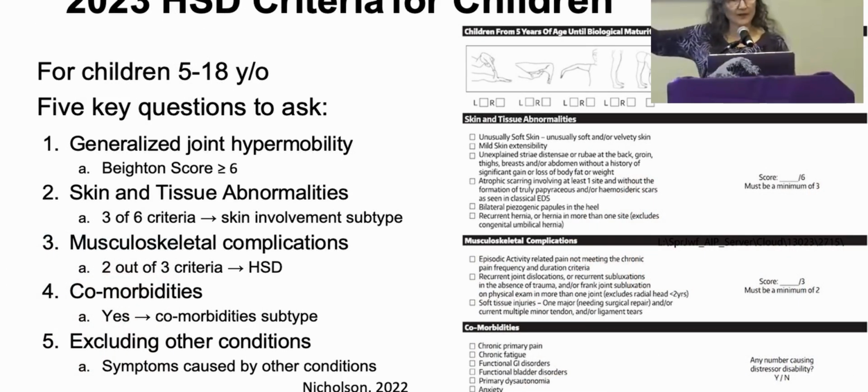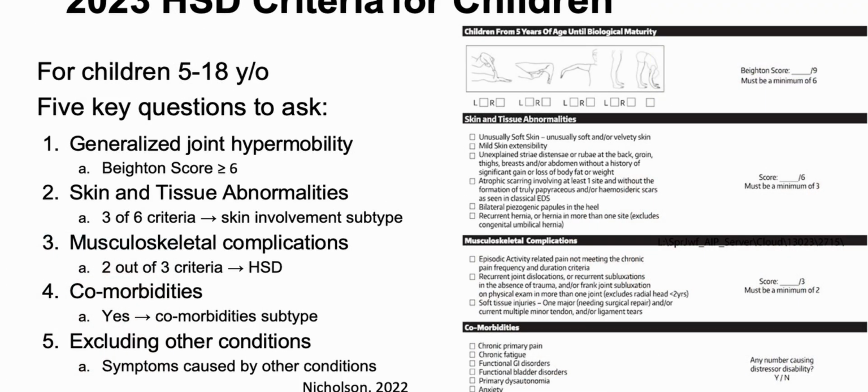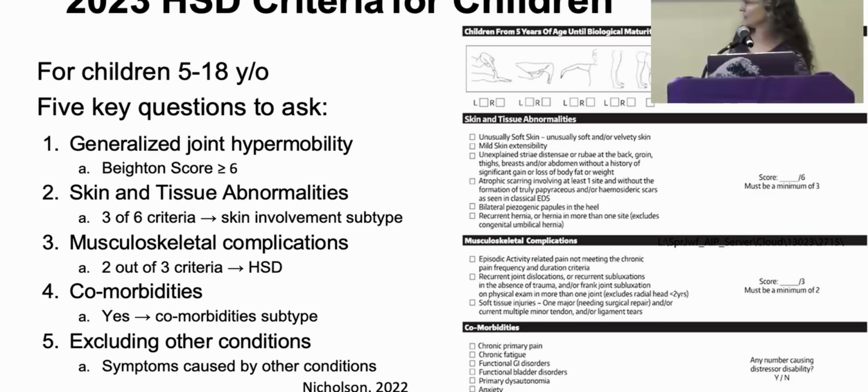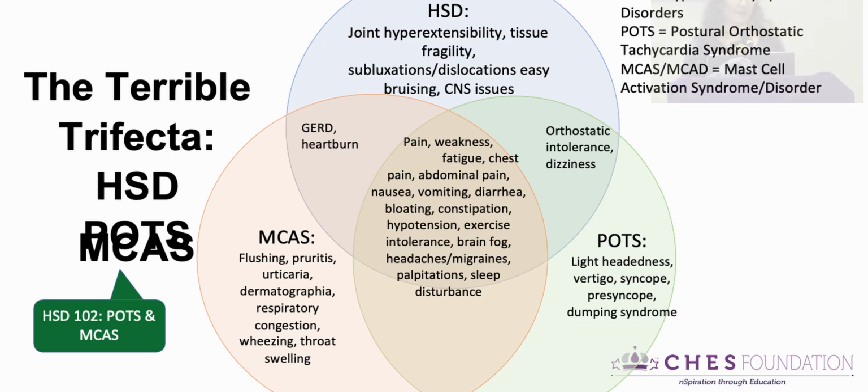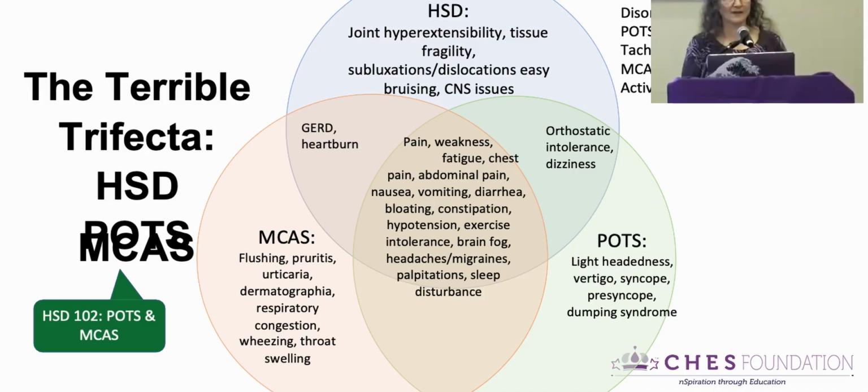There is a different set of criteria for children. So if you have a child you think might be hypermobile, there's a different set of criteria, and that's available on the Ehlers-Danlos website as well. Now, hypermobility tends to exist in what we call the terrible trifecta with postural orthostatic tachycardia syndrome and mast cell activation syndrome.